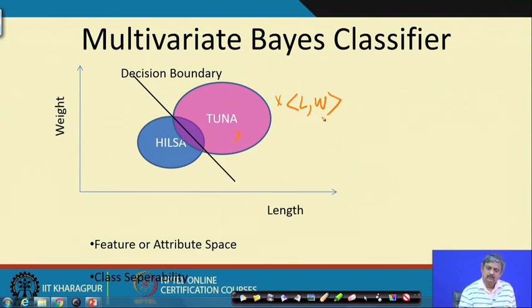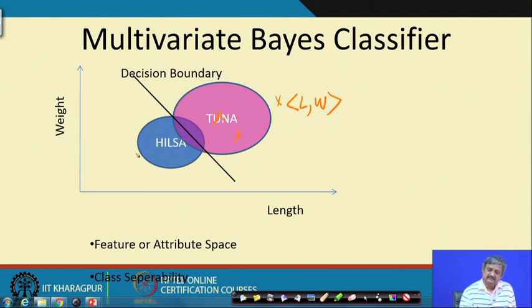Now, if I take a number of tuna, they will have some mean length and weight and there will be some distribution variance around that. There will be for Hilsa also.